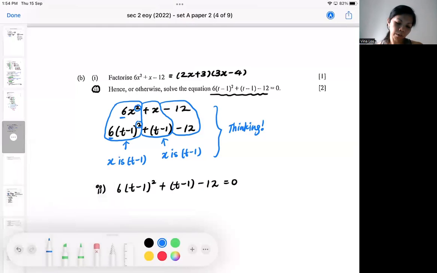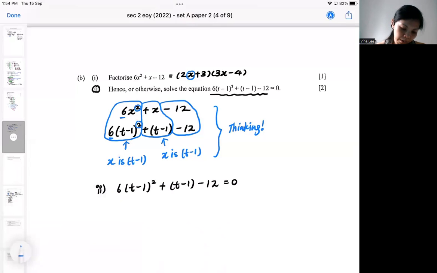Your thinking shows that x is t minus 1. That means this will be t minus 1. So instead of 2x plus 3, you got 2 times t minus 1 plus 3. Instead of 3x minus 4, you got 3 times t minus 1 minus 4.